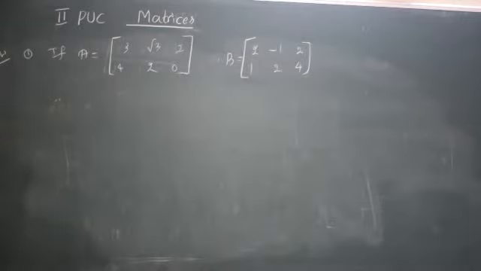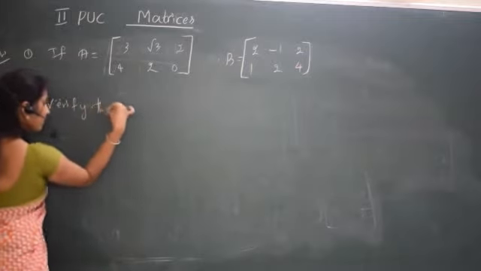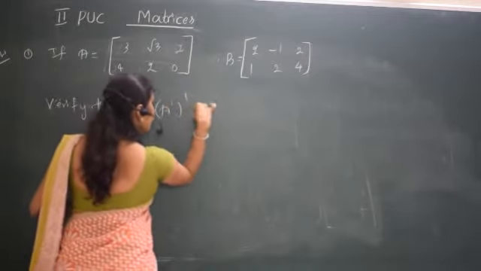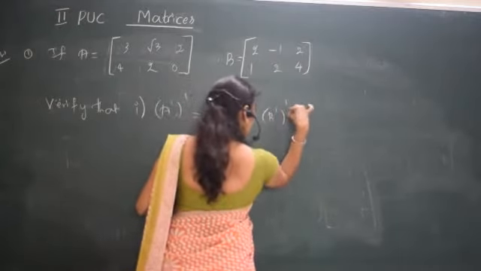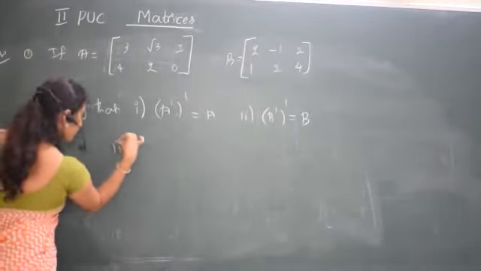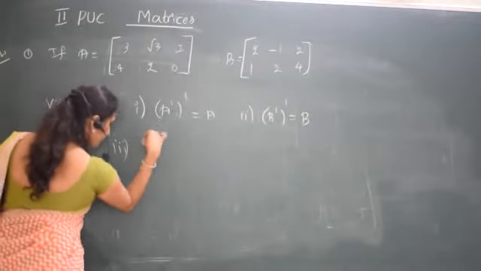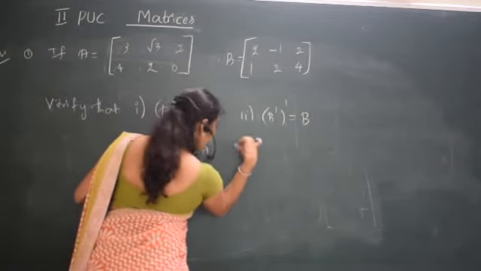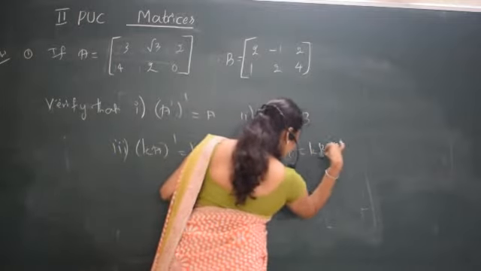So the question is to verify that the first one, A transpose whole transpose is equal to A. The second one, B transpose whole transpose is equal to B. And the third one is to verify K into A whole transpose is equal to K into A transpose, and the fourth one, K into B whole transpose is equal to K into B transpose.